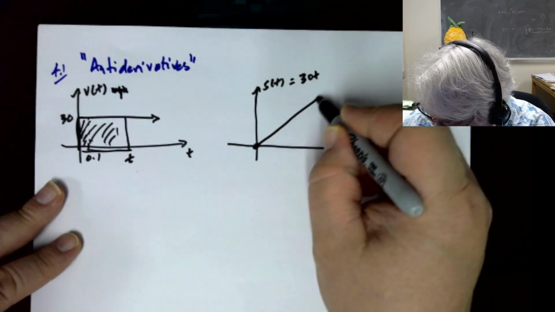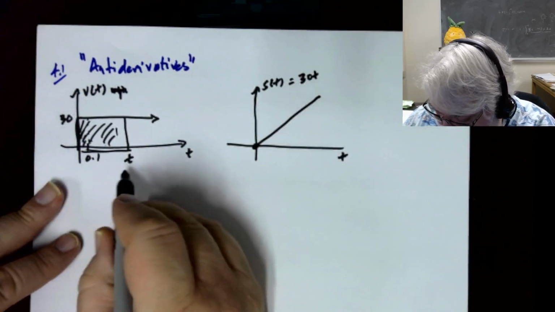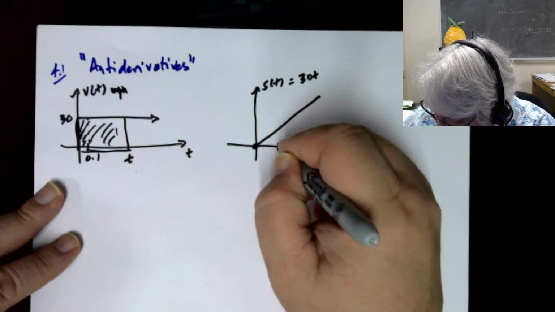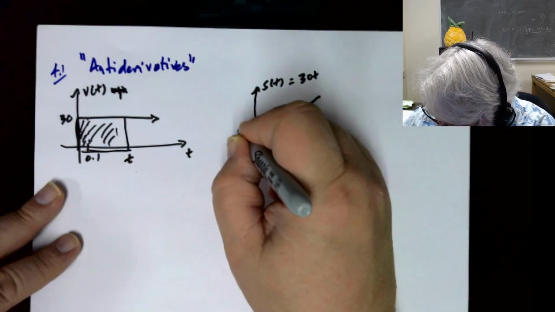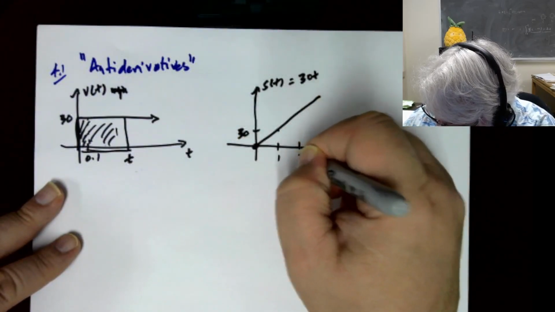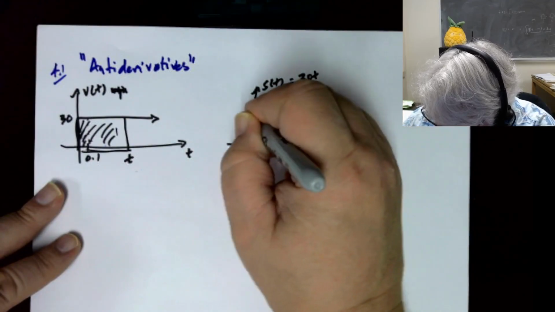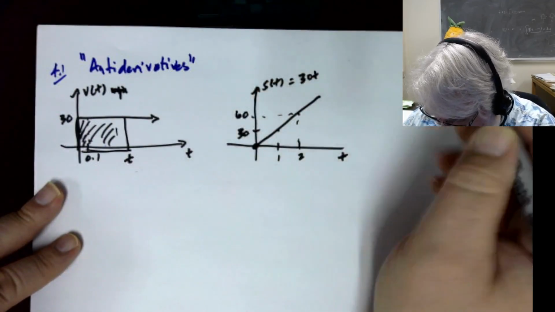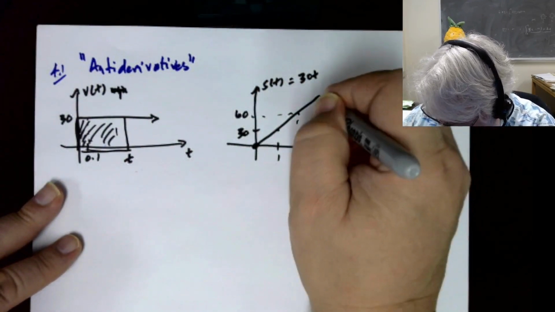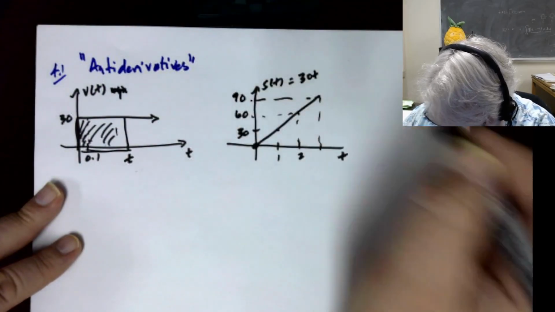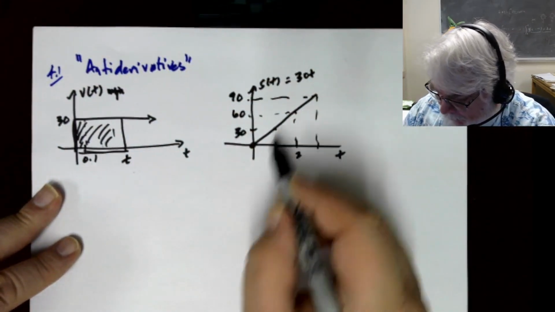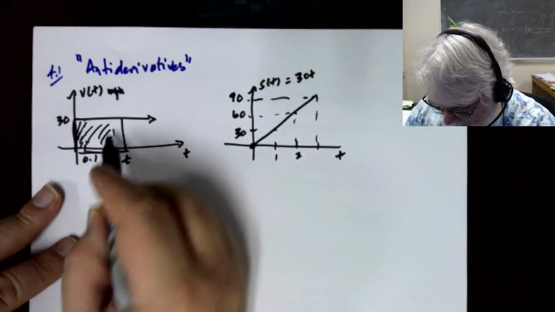And that's just going to be looking like that. So at time 1, we've gone 30. At time 2, we've gone 60. There's this nice relationship there. At time 3, we've gone 90, and so on. So this graph is actually telling you what the area is under this curve.